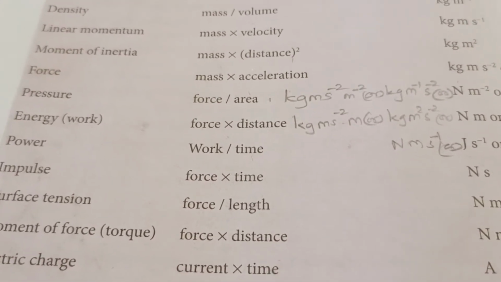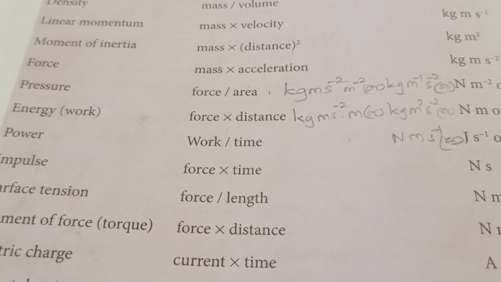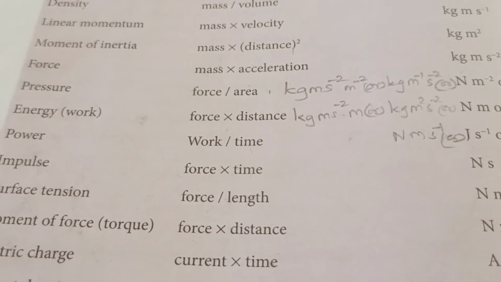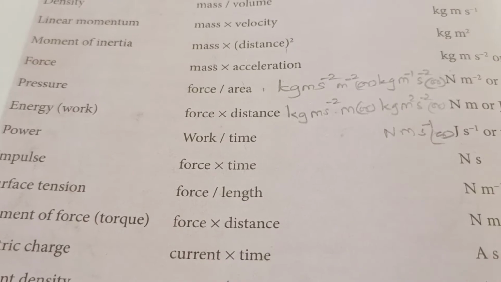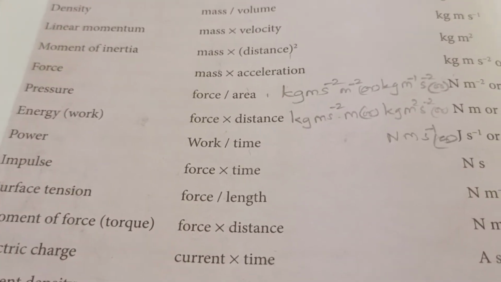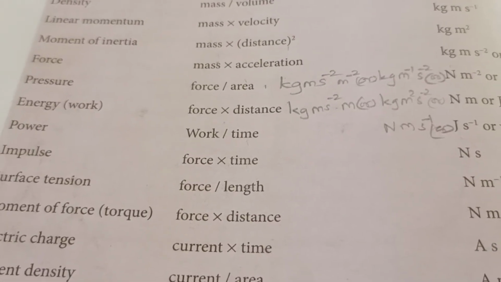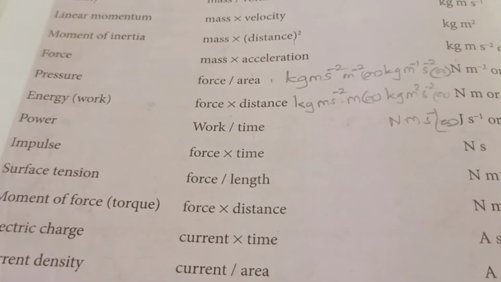So you get kg meter squared second power minus 2, or Newton meter, or joule. Power: work by time. Energy and work have the same unit. Work by time is joule second power minus 1, or watt.